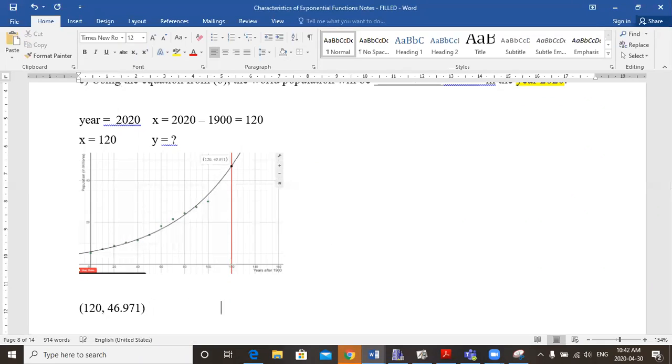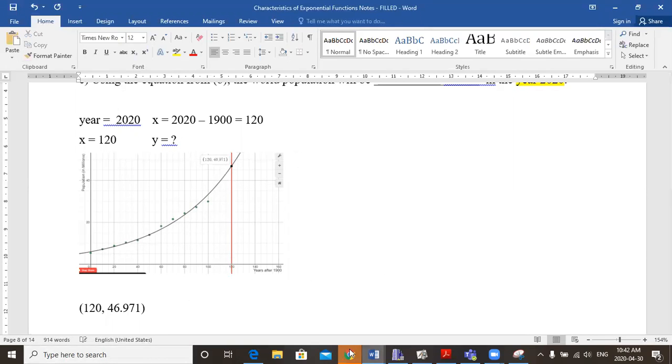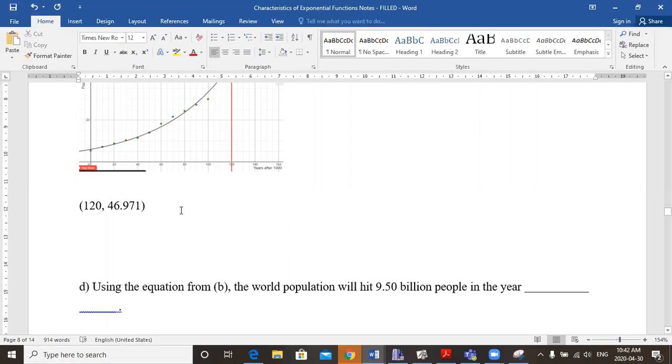So our final answer would be, in red, according to the model, Canada's population would be 46.97 million in the year 2020.